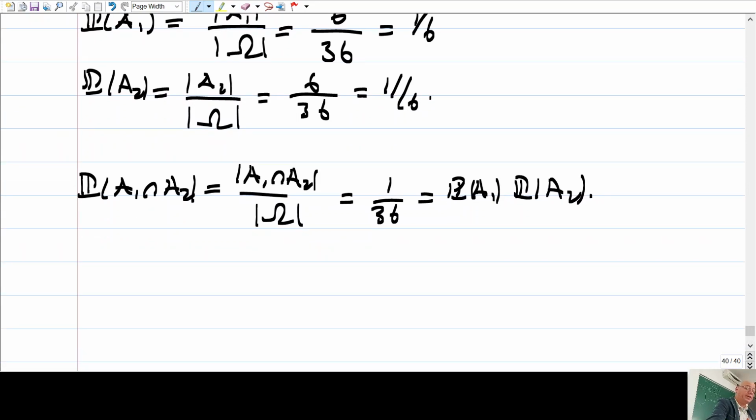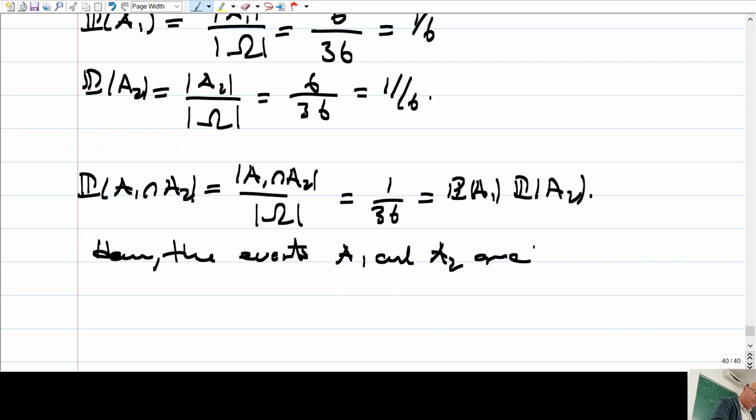Therefore, the events A1 and A2 are independent.